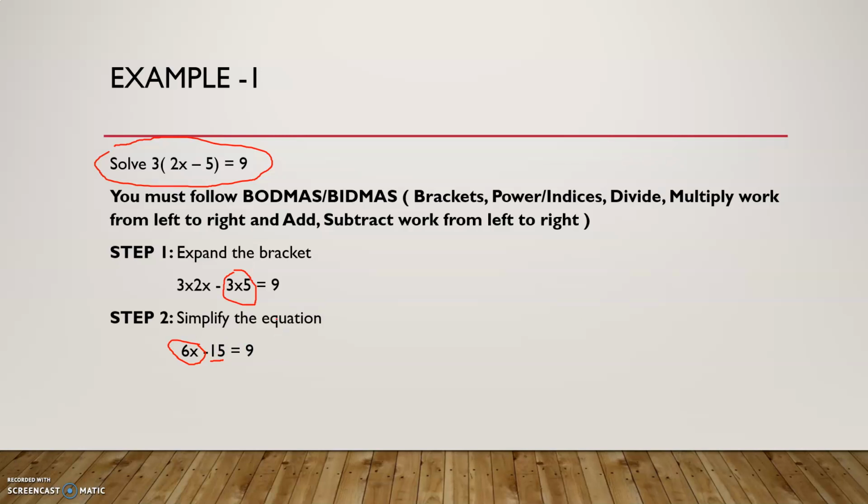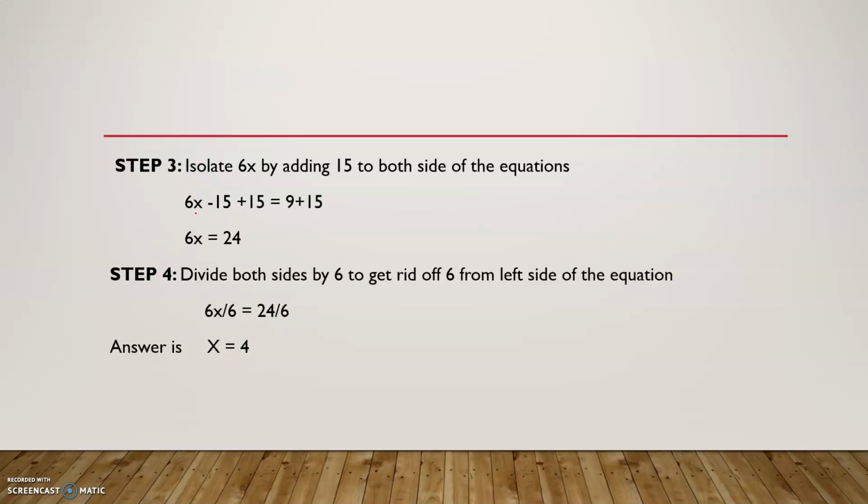So 6x minus 15 plus 15 equals 9 plus 15. We can cancel out minus 15 plus 15, so we are left with 6x equals 9 plus 15, which is 24.